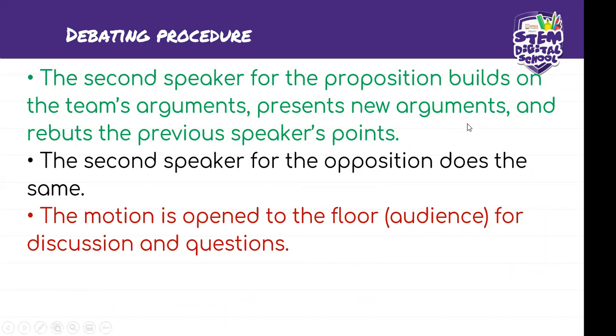After that, they'll present new arguments, and then attack the points of the previous speaker from the other team. Okay, yes.